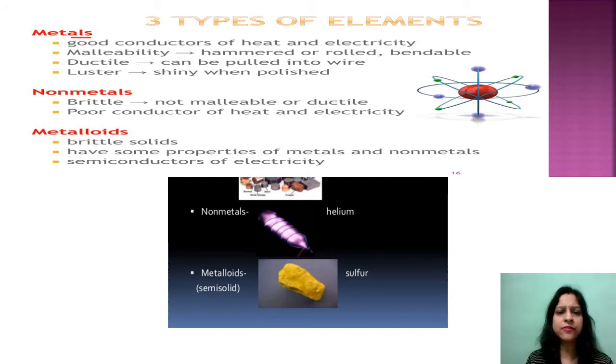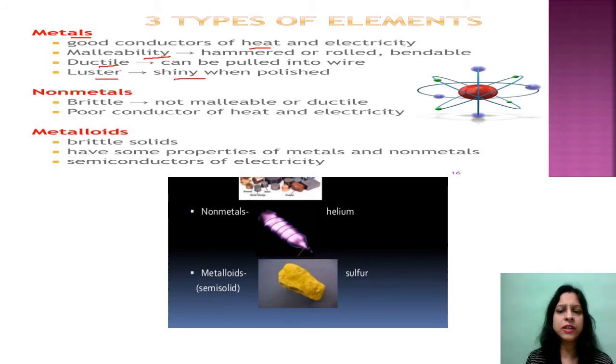And these are different properties of metals, that they are good conductors of heat and electricity. Then they show malleability, ductility, luster. Luster means shiny.